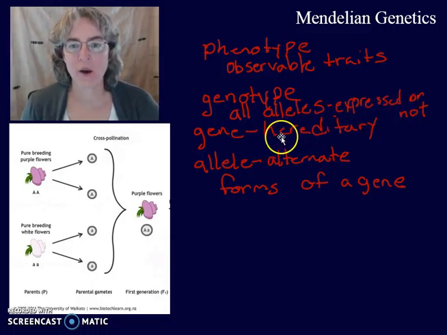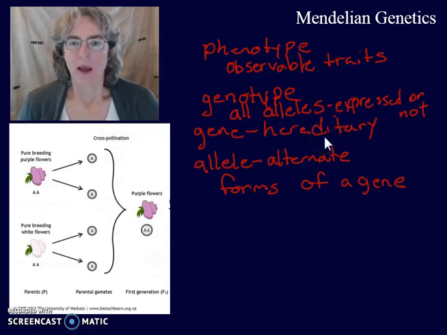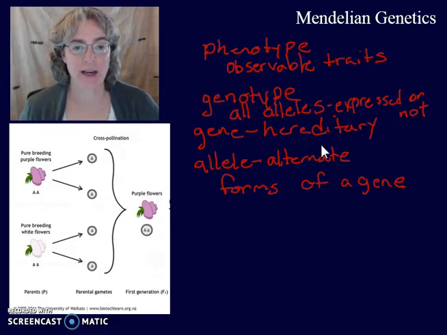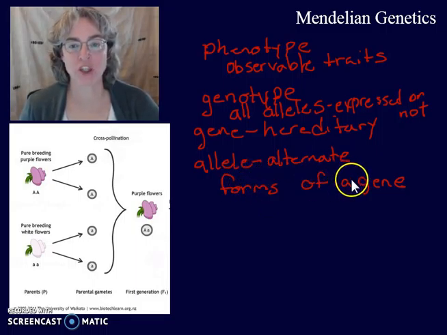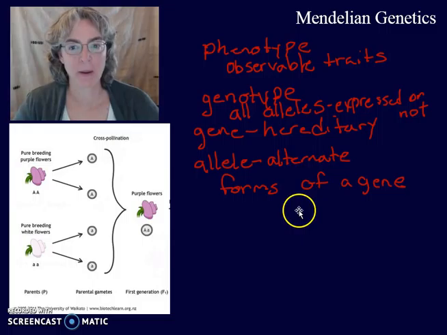Okay, gene, we know that it's a strand, a length of nucleotides that code for a protein, and that each chromosome has an alternative form of that gene, or allele. So our allele is our alternate form of that gene.